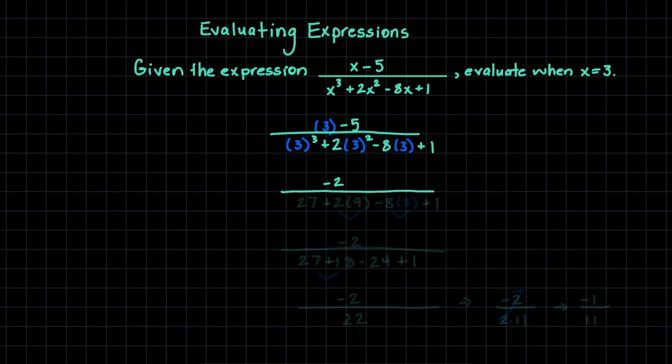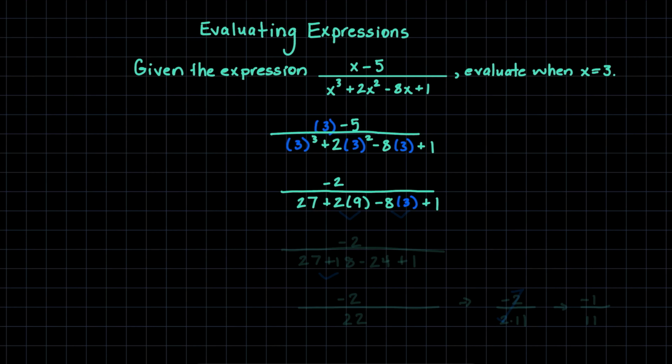We don't have any groupings in the denominator, so we go straight to exponents. 3 to the third power is 27, plus 3 squared is 9, minus 8 times 3 plus 1. Exponents are done. Now we're on to multiplication and division.